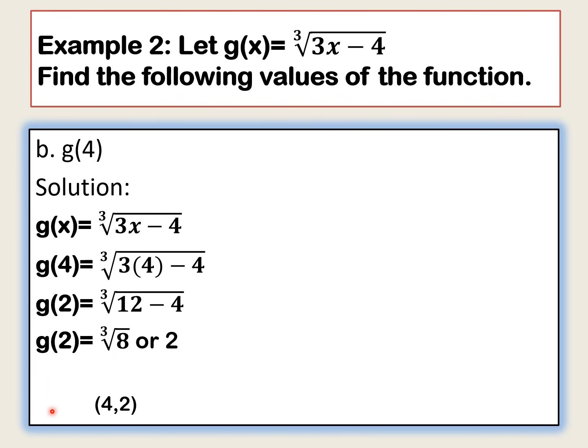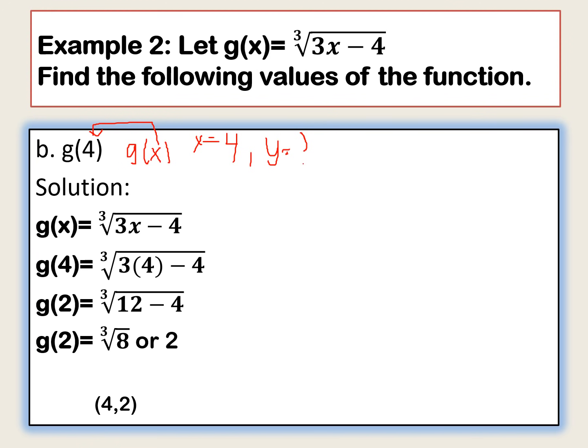Ano kasing ibig sabihin ng g of 4? That we are talking about g of x, wherein x is equal to 4. Tama ba? X is equal to 4. What would be our y? Tama? What would be our y?